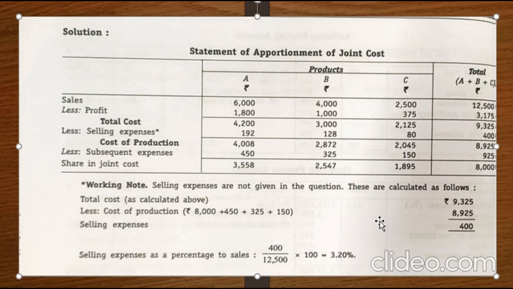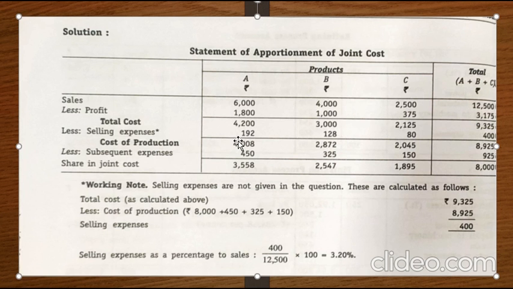Now, as we have found the percentage 3.20, we have the sales for each product A, B and C. So 6,000 into 3.20 will give you 192. 4,000 into 3.20 will give you 128. 2,500 into 3.20 will give you 80. The same way, 12,500 into 3.20 percent would give you 400. So this is your selling expense.